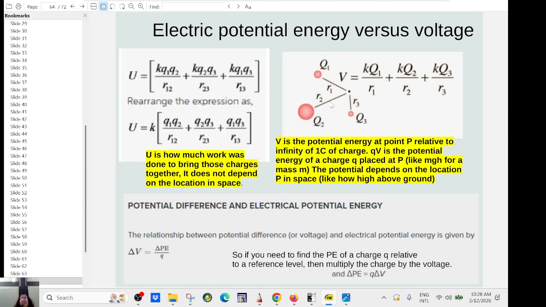Okay, so now if you have a configuration of charges, don't confuse the potential and the electrostatic energy. If you have 3 charges, you're going to use that equation.